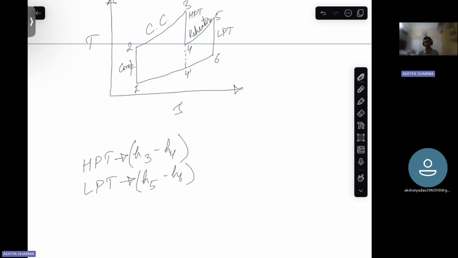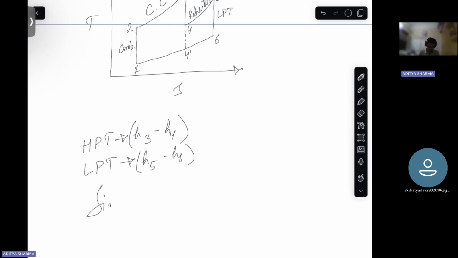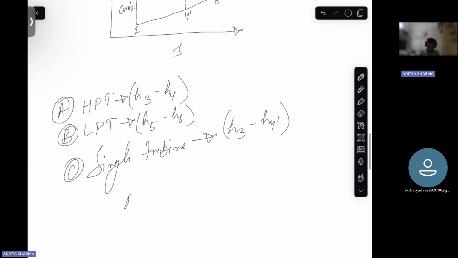Then, if such arrangement had not been there, if only single turbine had been there, what would have been the WT, work output from turbine? It would have been H3 minus H4 dash. Now the point is A, B, C. So A plus B is greater than your C.